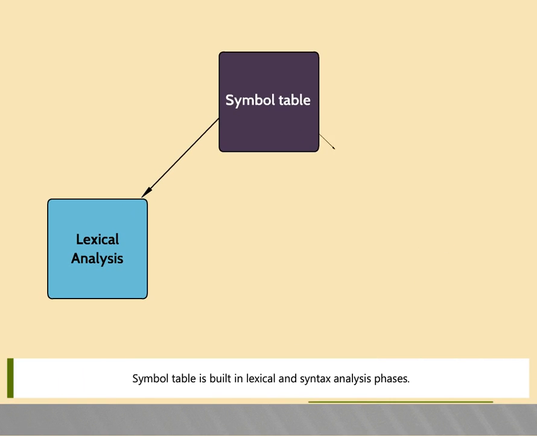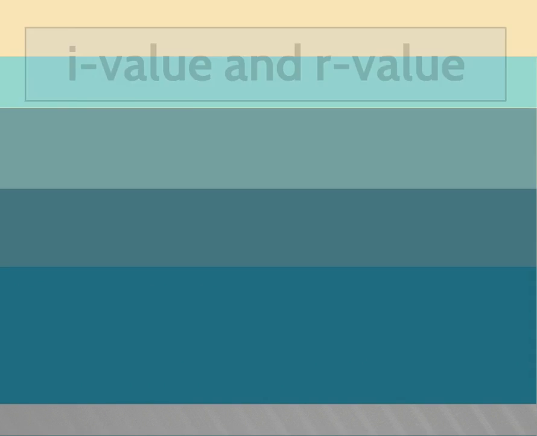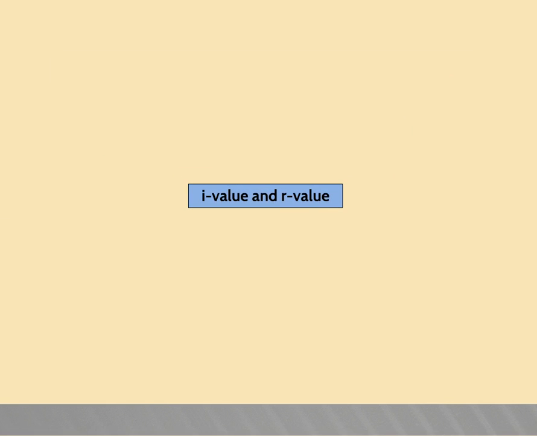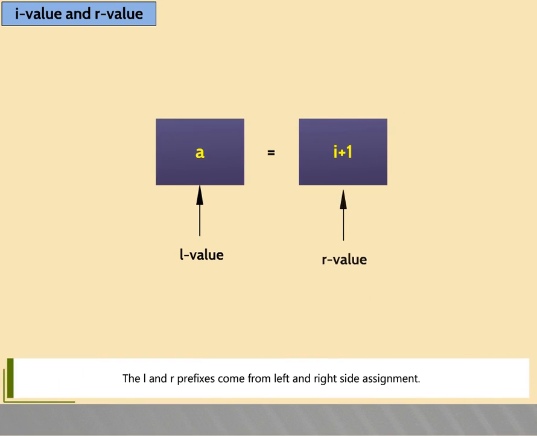Symbol table is built in lexical and syntax analysis phases. L value and R value. The L and R prefixes come from left and right side assignment.